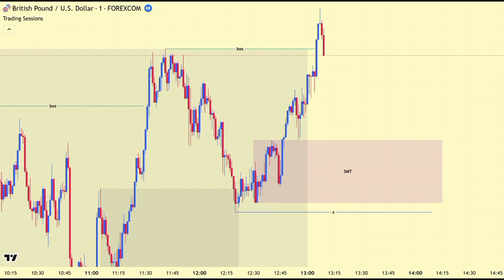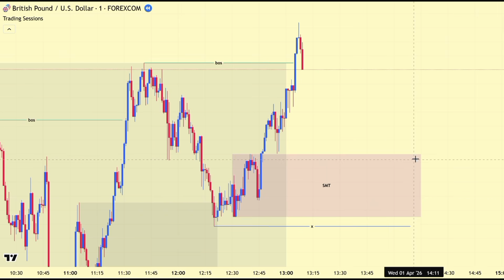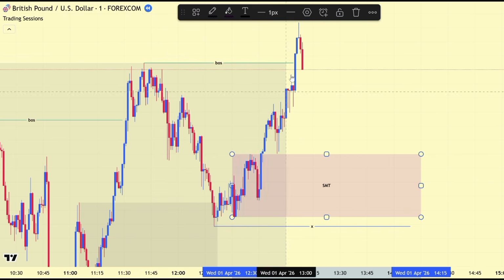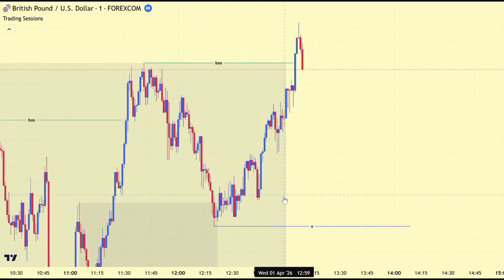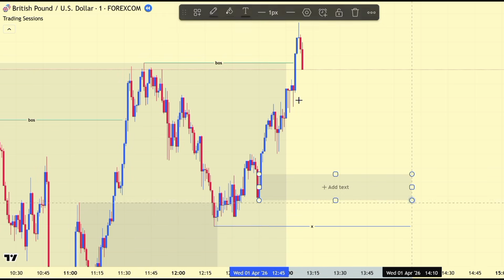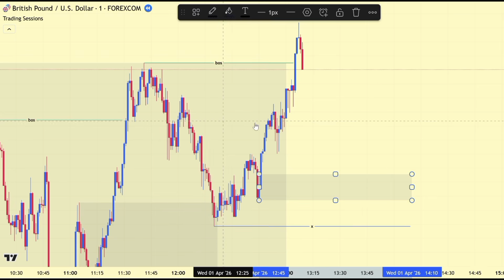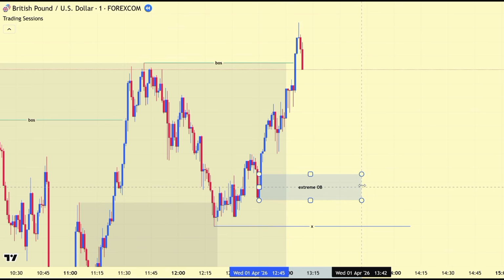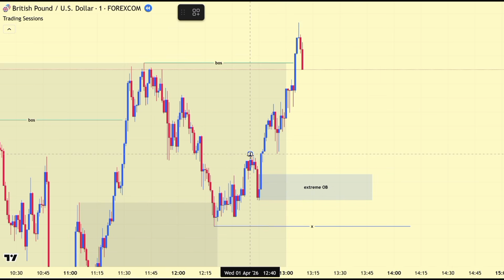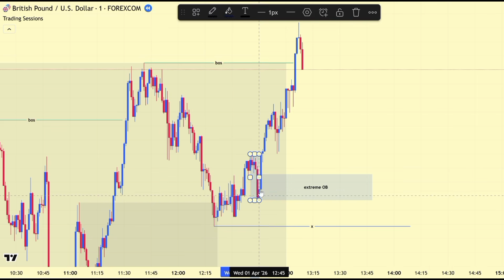Now we can clearly see exactly right here on this new range that this is actually the extreme order block on the 1-minute. That's of course a nice extreme bullish order block on the 1-minute. And of course this is also now the SMT on the 15-minute.